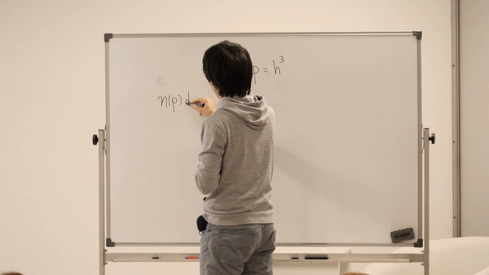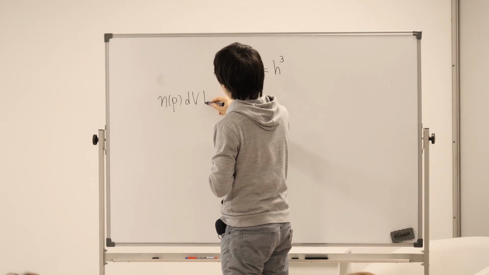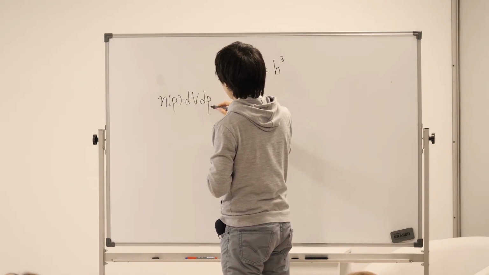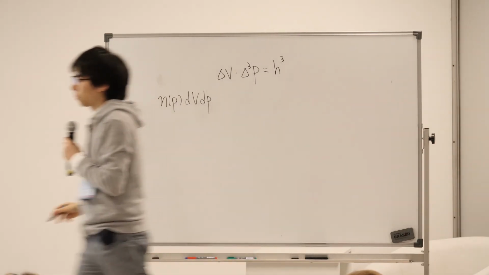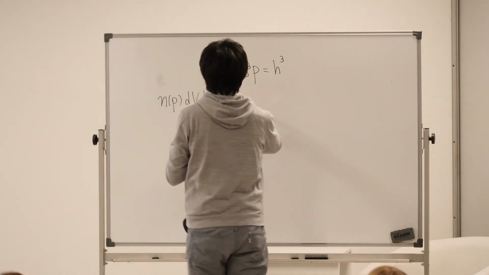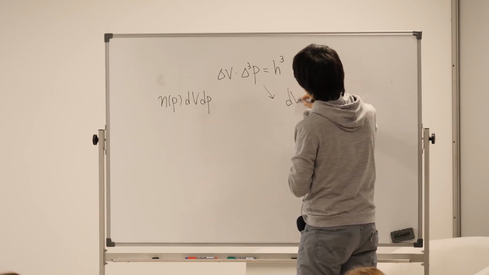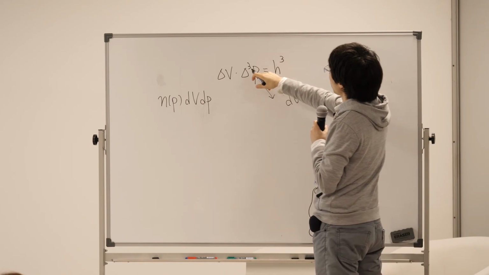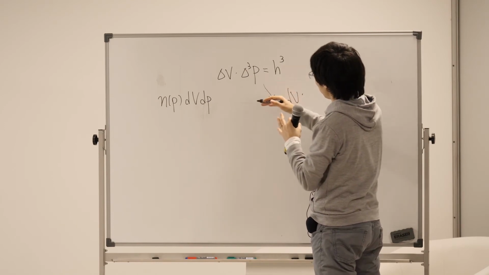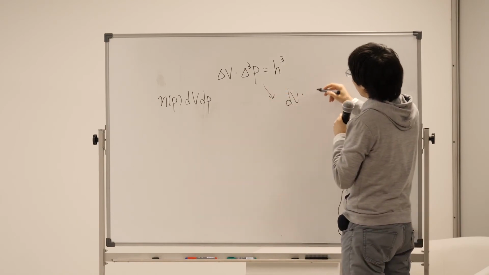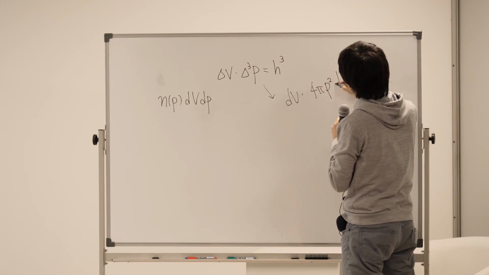So we want to know this value, dV dP, which is the volume element in momentum space, and that basically becomes 4 pi p squared dP.